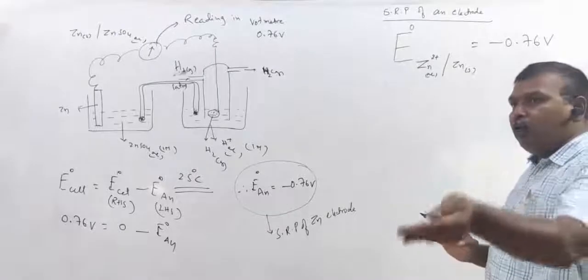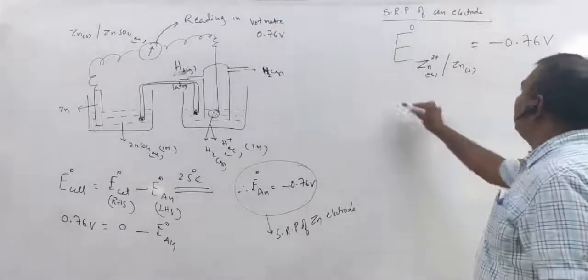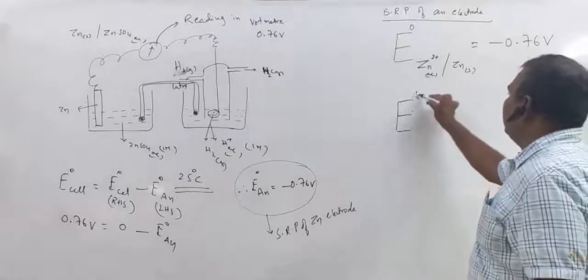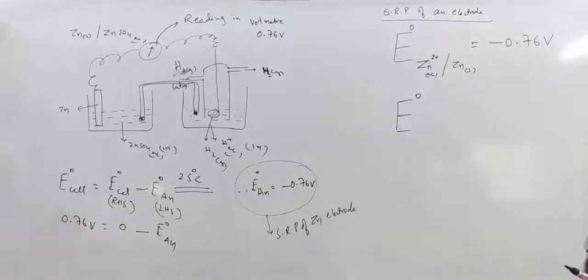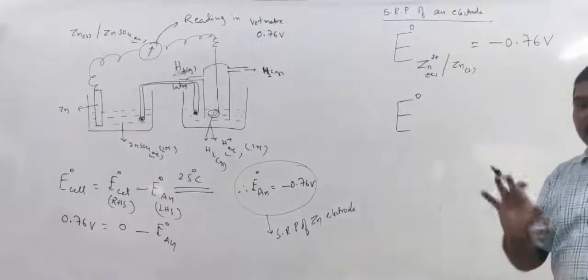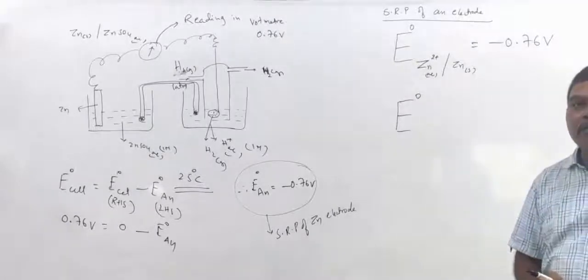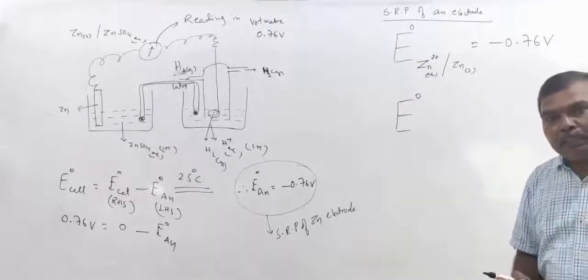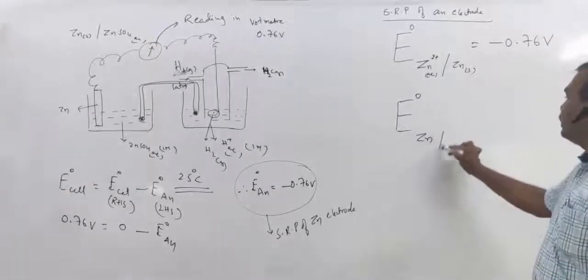Now suppose you want the standard oxidation potential of the zinc electrode, Zn in contact with Zn2 plus. We have to represent the oxidation potential, so you represent it like this.